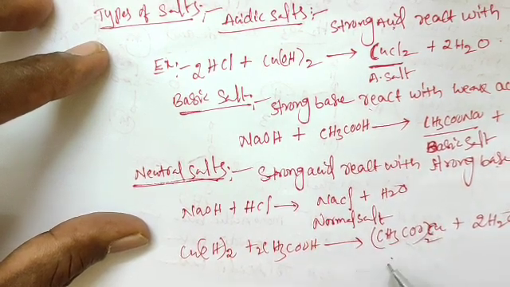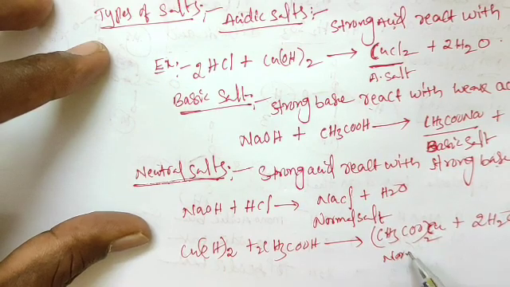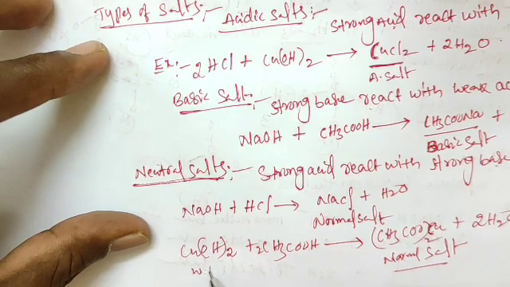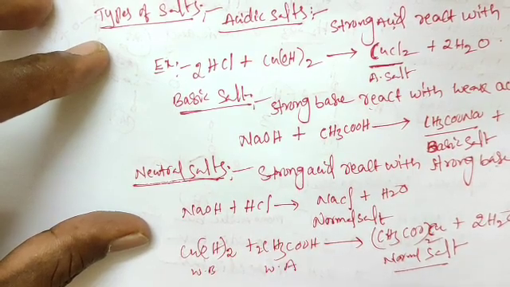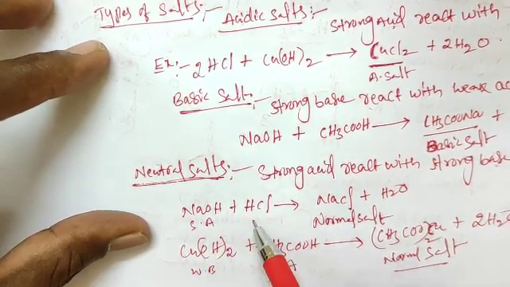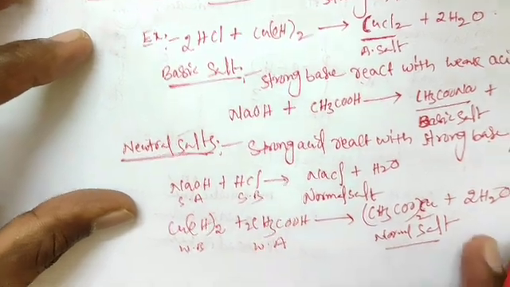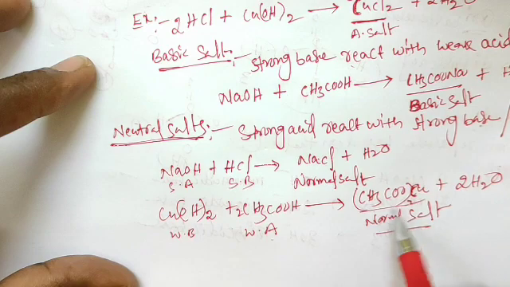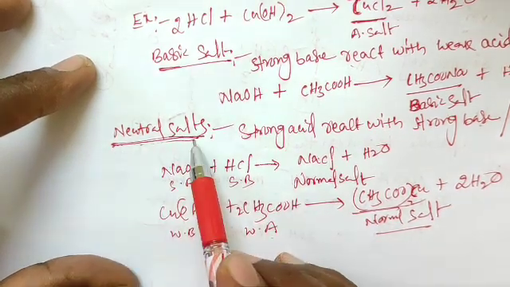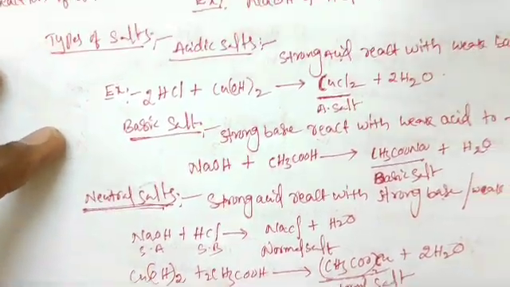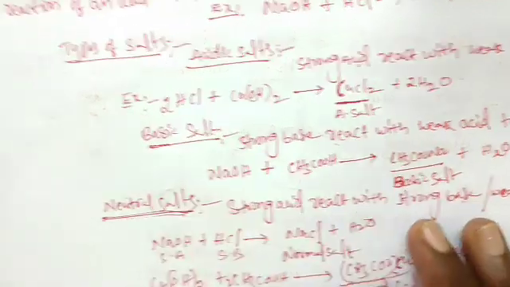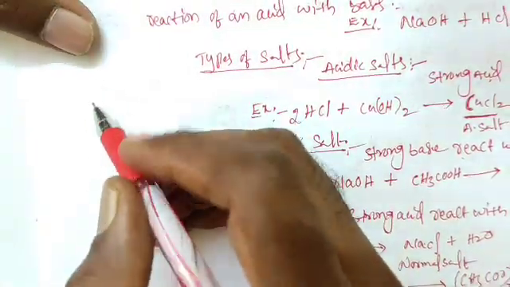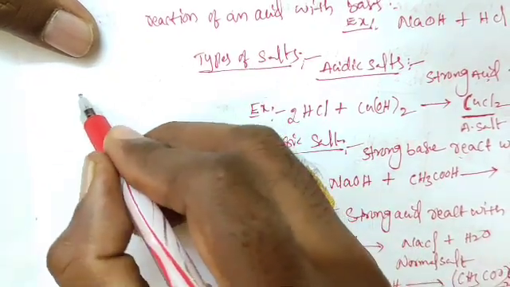It is a normal salt because a strong acid with a strong base gives a normal salt, and a weak acid with a weak base also gives a normal or neutral salt. This is about neutral salt, acidic salt, and basic salt. Now I will give some examples of weak bases and strong bases also.